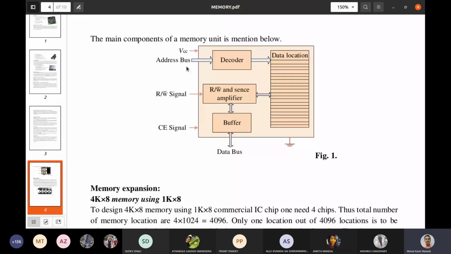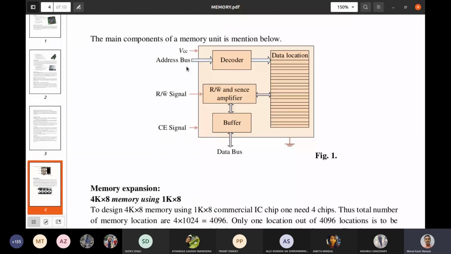Next is the data bus. The data bus is the path through which data can enter into the memory or be retrieved from the memory. The data bus is connected to a buffer. The buffer is also connected to the read write and sense amplifier. Initially, if you want to write something, then the data will come to the buffer.